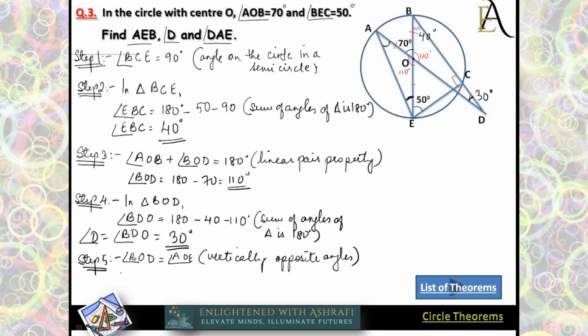Now we know triangle AOE is an isosceles triangle. Why? Because AO is equal to OE, they are radii.